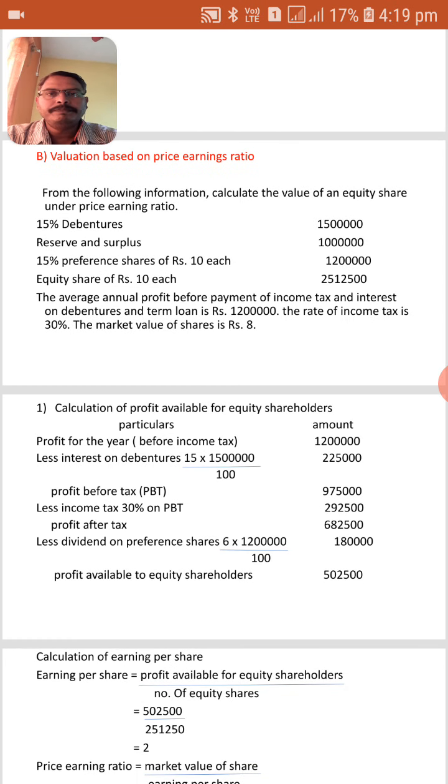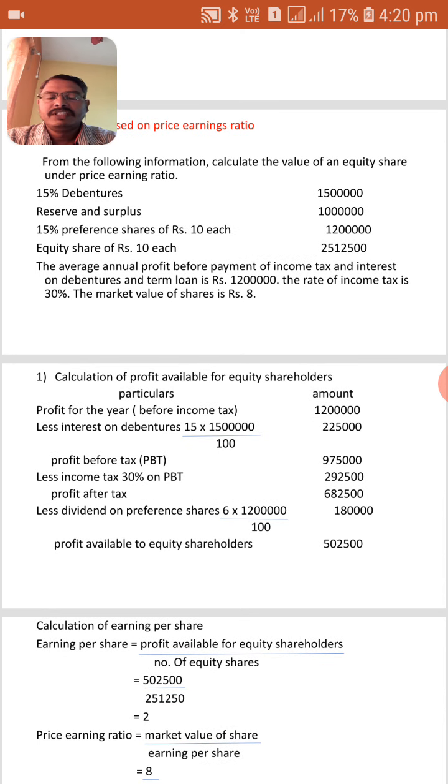The problem: from the following information, calculate the value of an equity share under price earning ratio. 15% debentures 15 lakh, reserve and surplus 10 lakh, 15% preference shares of rupees 10 each 12 lakh, equity share of rupees 10 each 25 lakh 12,500.